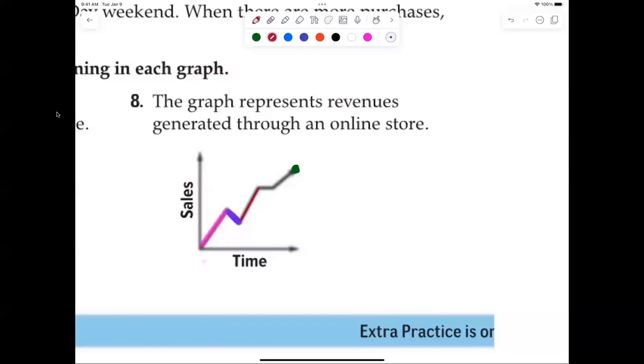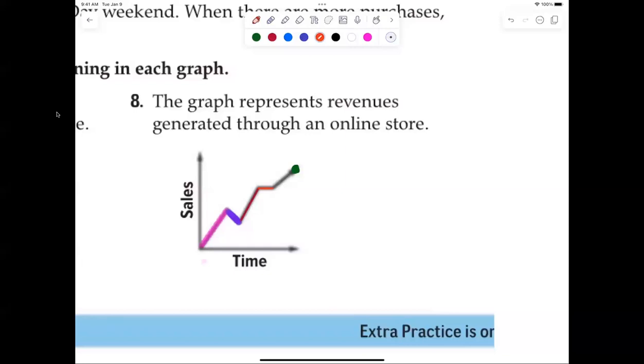Now, here's something that I find most kids don't understand. Again, what's this mean? Did the sales stop? They what? They didn't increase or decrease, so they remained what?